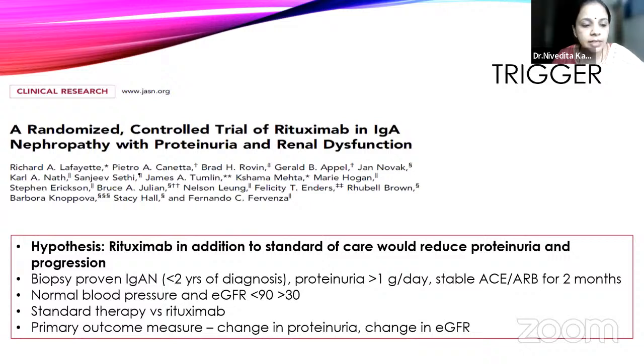The cohort included biopsy-proven IgA within 2 years of diagnosis with proteinuria more than 1 gram per day, stable on ACE and ARBs, and with normal blood pressure and eGFR between 30 and 90. Rituximab was compared to standard therapy. These were the two treatment arms, and the primary outcome measure was the change in proteinuria and the change in eGFR.